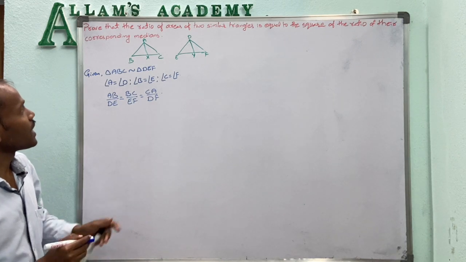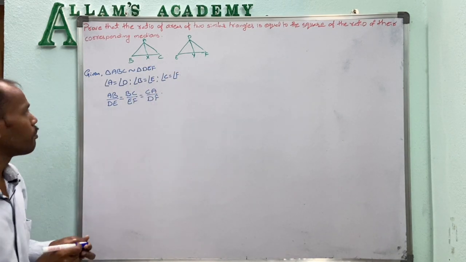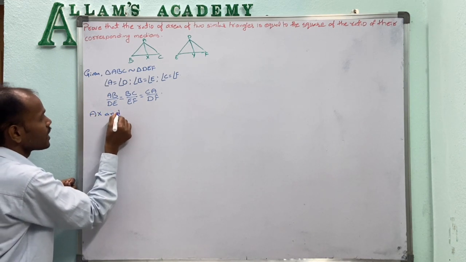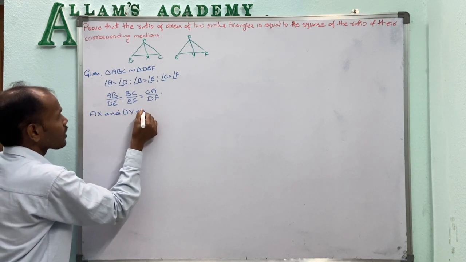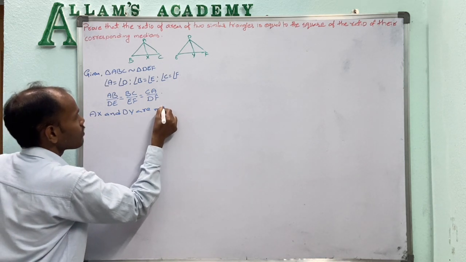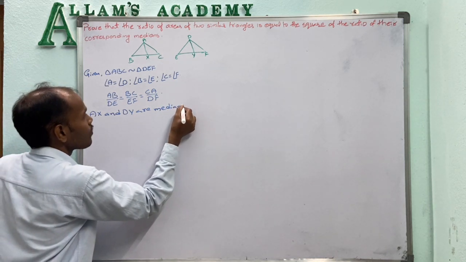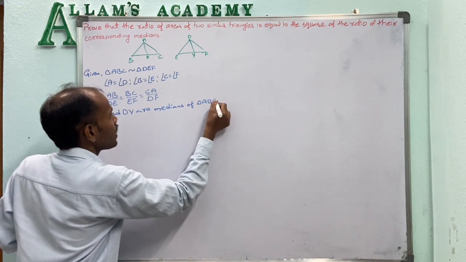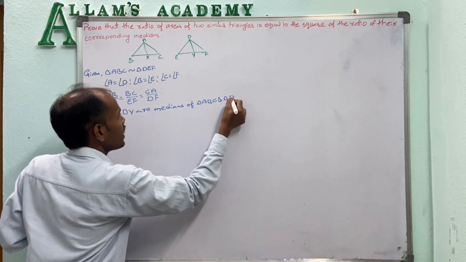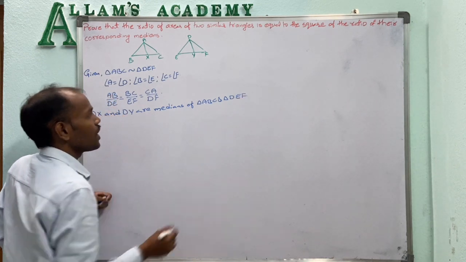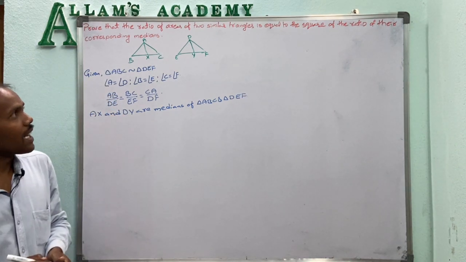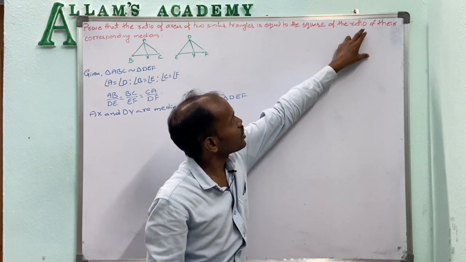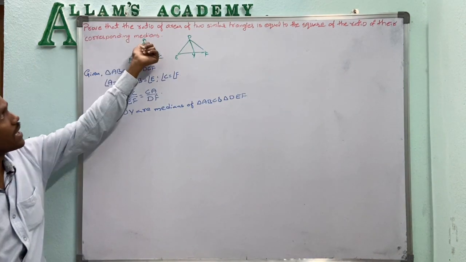Next, AX and DY are medians of triangle ABC and triangle DEF. To prove: the ratio of the areas of two similar triangles equals the square of the ratio of their corresponding medians.